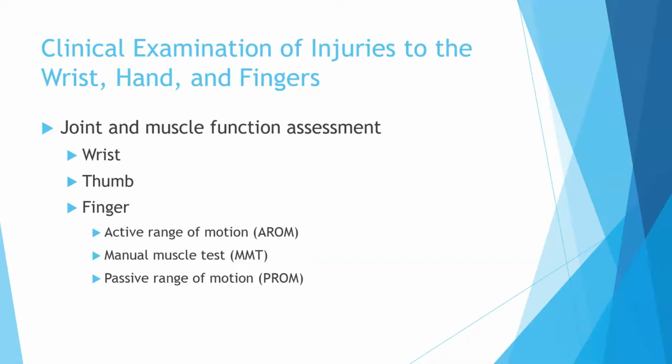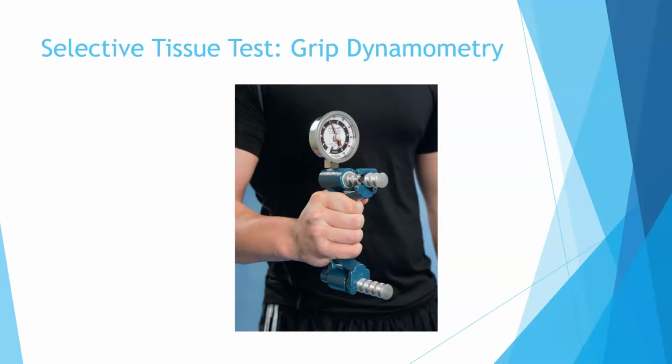So with each of those, first we want the patient to go through active range of motion, showing us that they can do it. Then we, as the clinicians, can perform passive range of motion. And if there's no hitches or anything like that, and the pain is not too great, then we can perform manual muscle tests and resistive range of motion. One of the other things we can do and determine is grip strength.